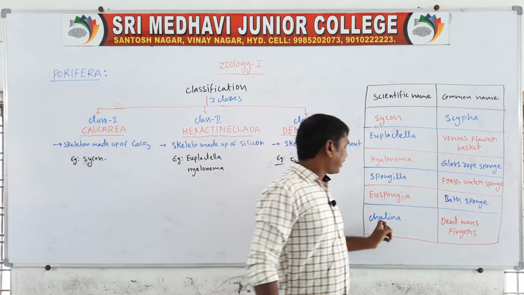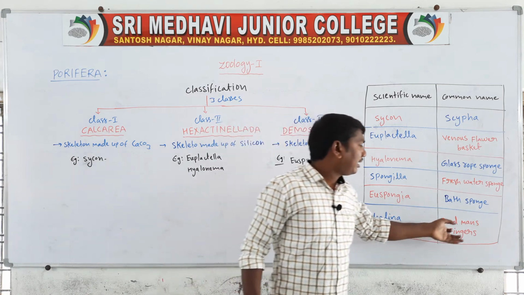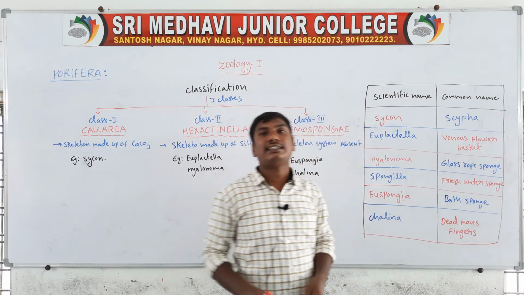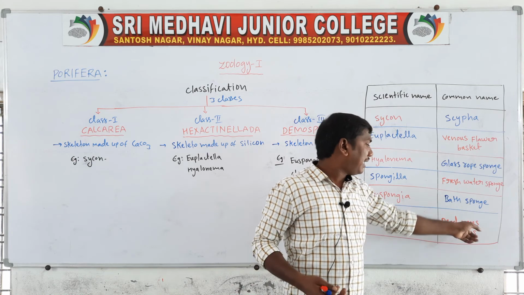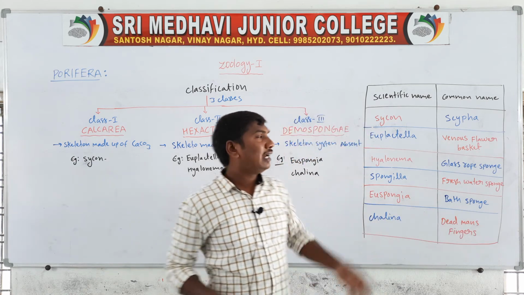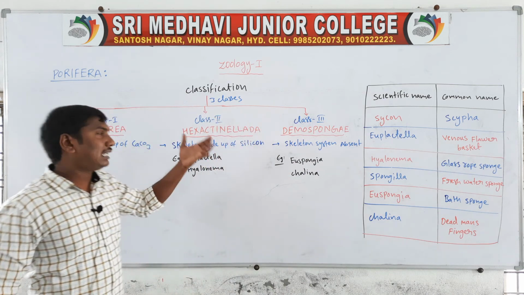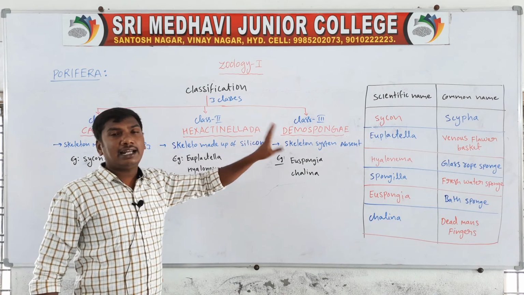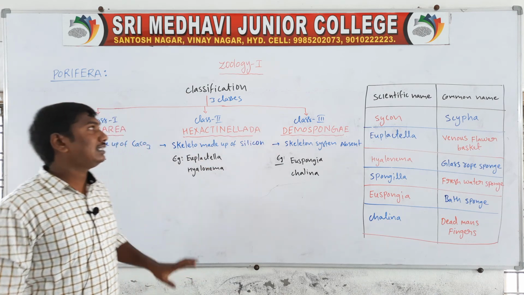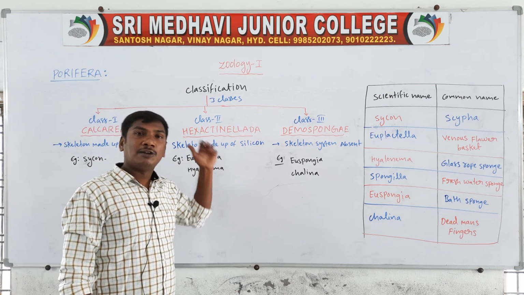Next one, Chalina. The common name is dead man's fingers. So these are the scientific names and common names. The phylum Porifera is classified into three classes: Calcarea, Hexactinellida, and Demospongiae. So these are the general characters and the classification of phylum Porifera.